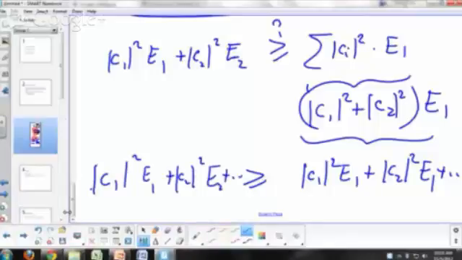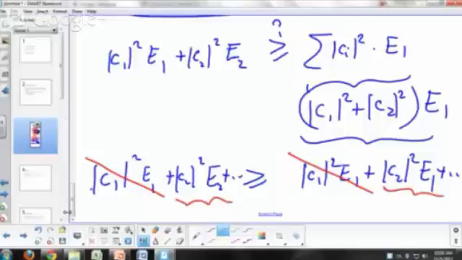What do you notice? C1 squared E1 cancels out, right? Is this left-hand side greater than the right-hand side?